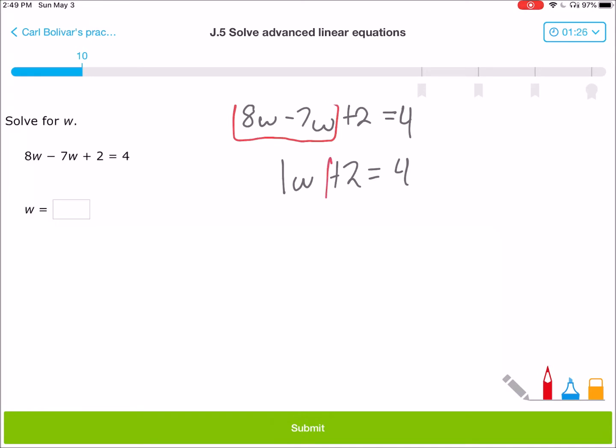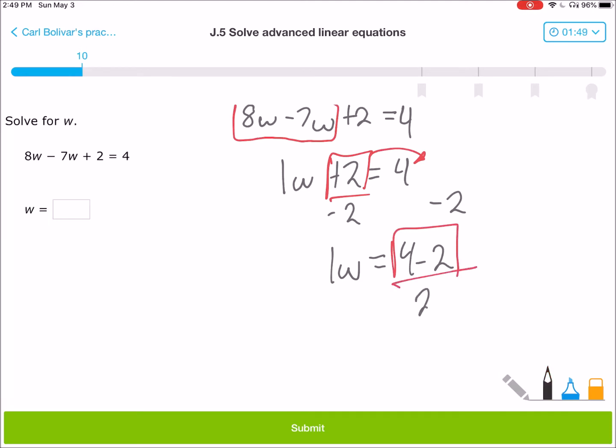Now we have to take this number and put it to the other side. So we subtract 2 from both sides so that we eliminate that 2 from the left side. And we are left with 1w is equal to 4 minus 2. Now 4 minus 2 is 2. So 1w is equal to 2.